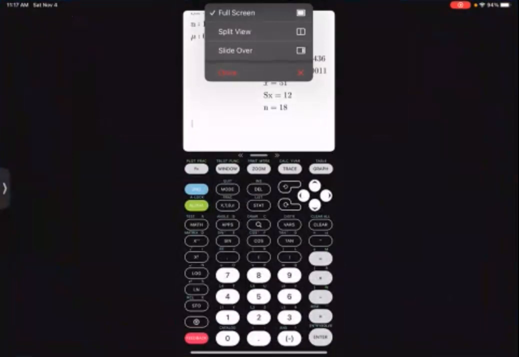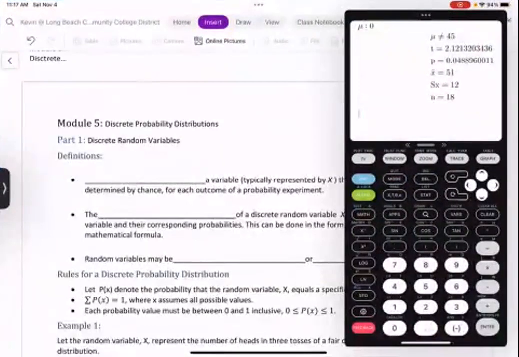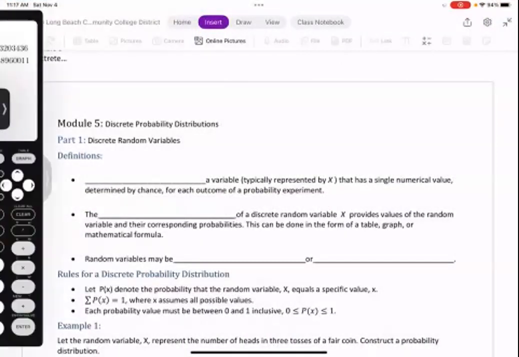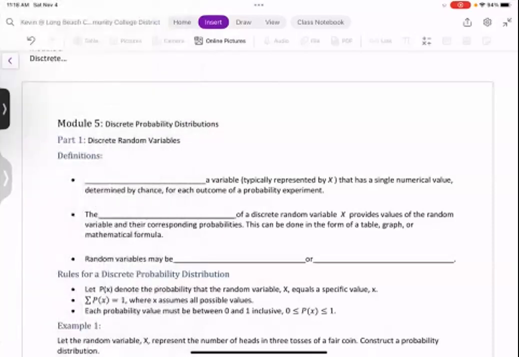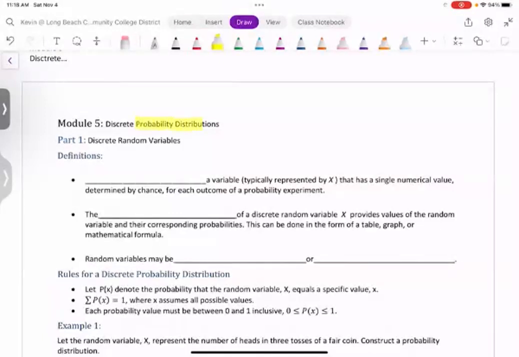We are going to be starting chapter 5, and we will be talking about discrete probability distributions. By the way, this is our first probability distribution that we're going to be doing.